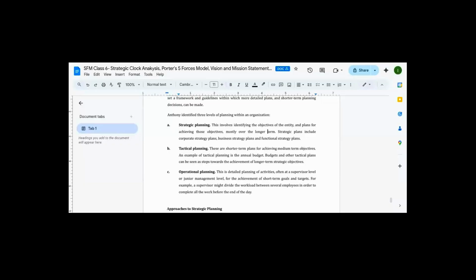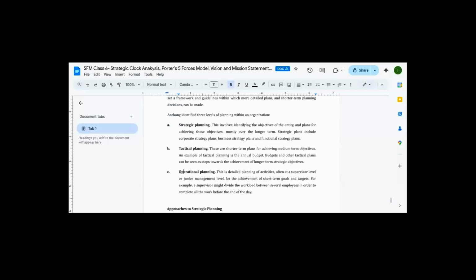Please note that. So strategic planning is long-time planning, and strategic planning normally covers both business strategy and functional strategy. But tactical plans are short-term plans. In some instances, we see companies extending it to medium-term plans, but it's not long-time, unlike strategic planning.